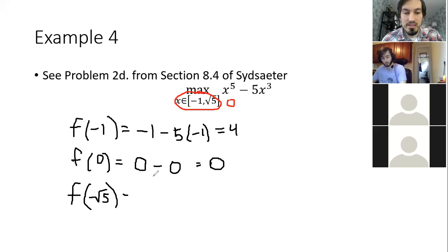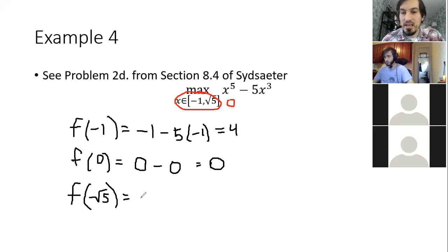Let's see what we get when we plug in square root of 5. Ugh, it's not going to be that pretty. Or is it? Ooh, I see a way to make this a lot easier to do. Because square root of 5 squared is 5, and that's exactly what we have here as our coefficient of x cubed. So it's going to be 0.